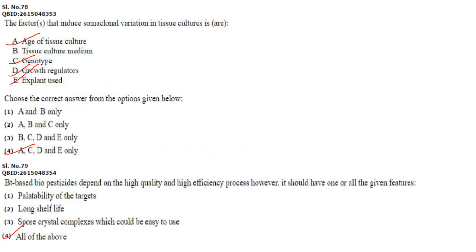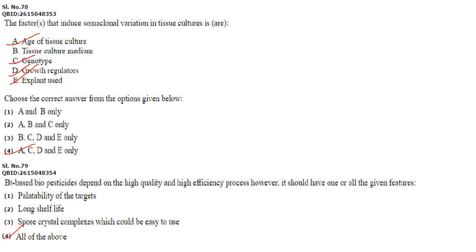The factors that induce somaclonal variation in tissue culture is or are: Age of tissue culture. Yes. Tissue culture medium. No. Genotype. Yes. Growth regulators. Yes. Explant used. Yes. Whether it is leaf or shoot or root, whatever explant is used is one of the factors that induce somaclonal variation in tissue culture.